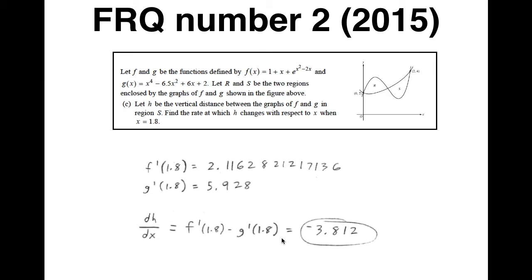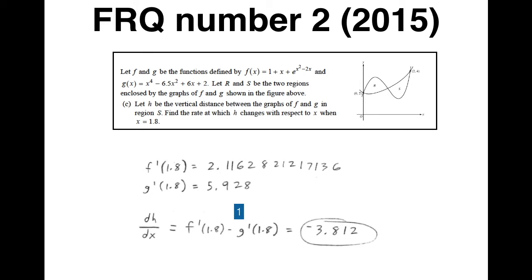And then earlier on he had calculated f prime, he had calculated g prime, so he plugs these values in and gets the right answer, and we can confirm our insight that the value would be negative. H is actually decreasing. If h had been somewhere here at x just after the intersection point, it looks like this vertical distance is increasing. It's bigger here, it's even bigger here. But at x equals 1.8, this vertical distance is decreasing.